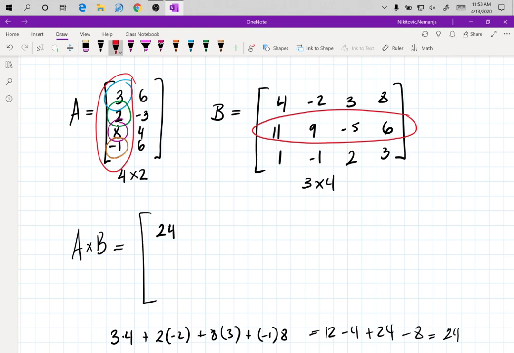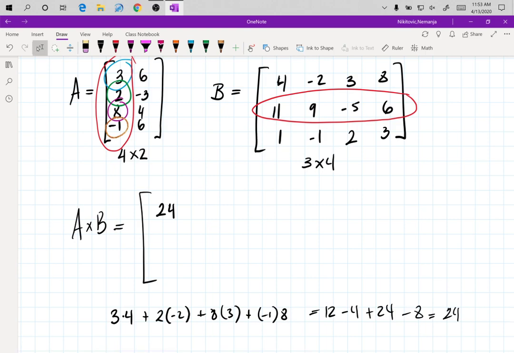So first column and the next row. So that's 3 times 11 plus 2 times 9 plus 8 times negative 5 plus negative 1 times... no, times 6.